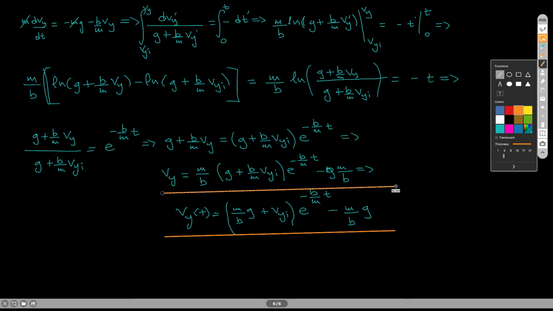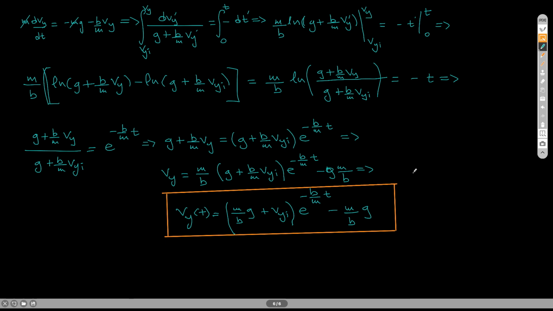Took me a little bit of time, but it can be done. You just need to be careful with the integration. And now, as I did before for x, to find y as a function of time, you can follow the same process. You will need to say dy over dt is equal to vy, which is what I found here.